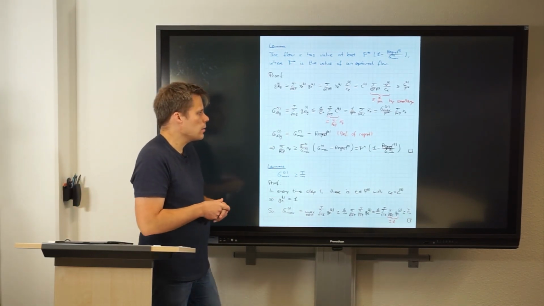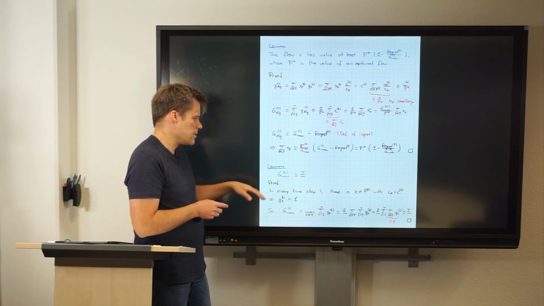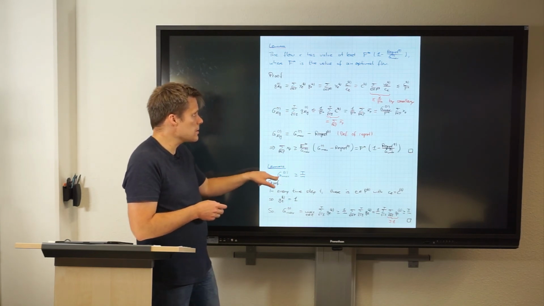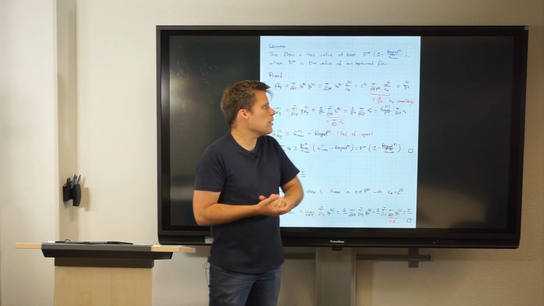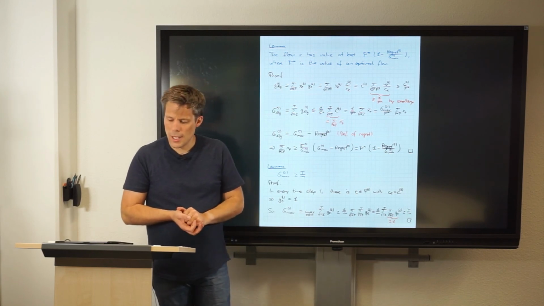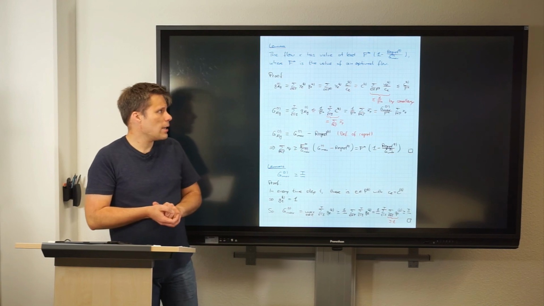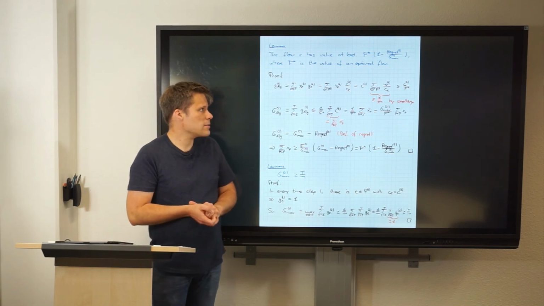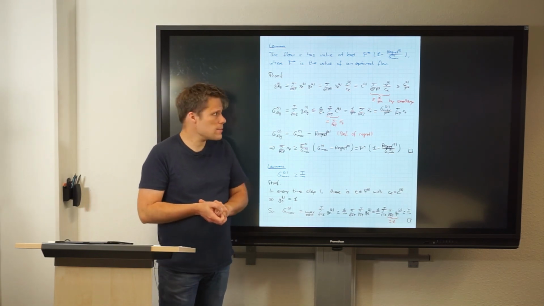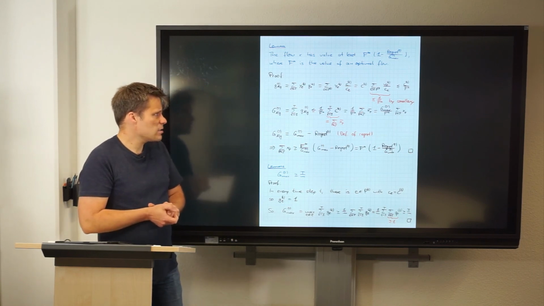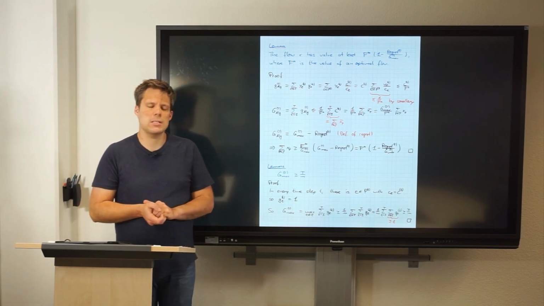And now this takes us further, because if we plug this into our guarantee, then we'll see that the flow that we're computing has value at least f star times 1 minus regret times m divided by t.